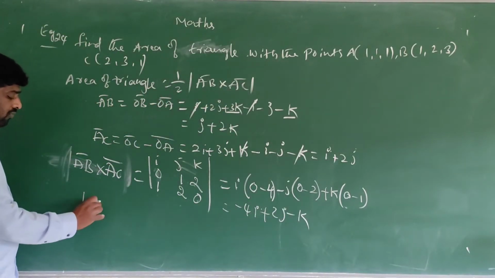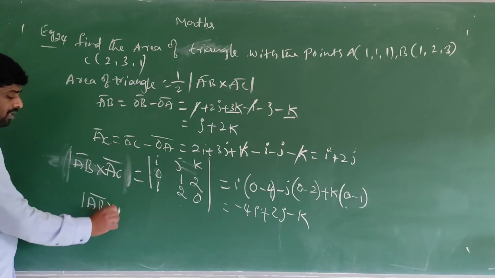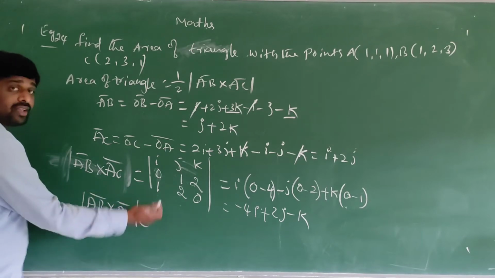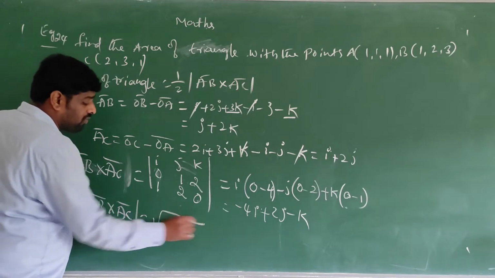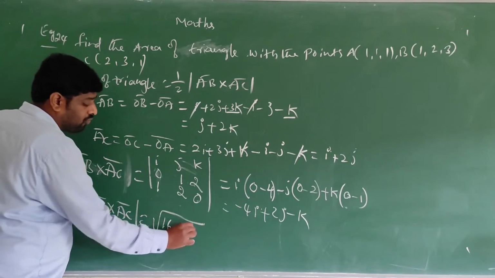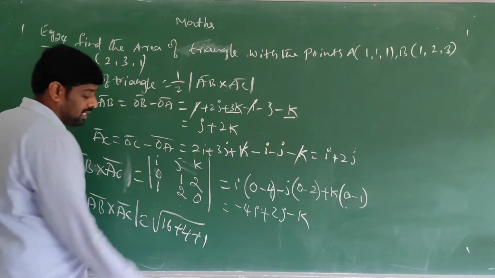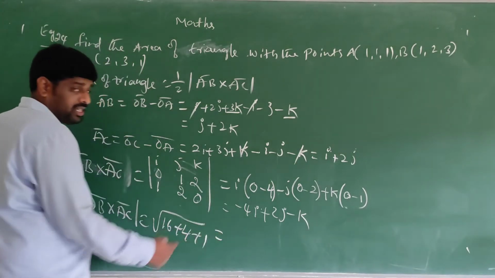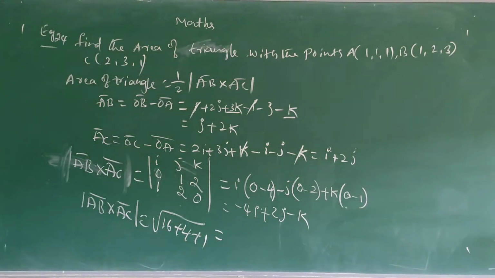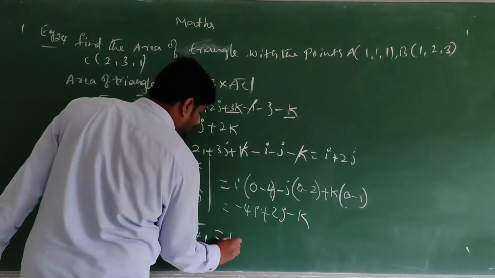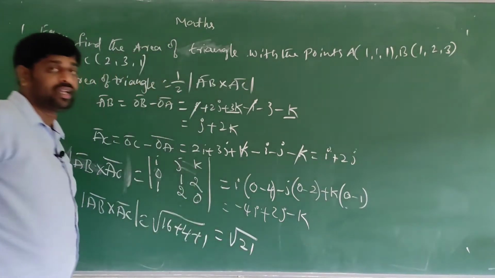Now I want to find the magnitude of AB bar cross AC bar. That is the square root of 16 plus 4 plus 1. 16 plus 4 is 20, 20 plus 1 is 21, so the magnitude is the square root of 21.